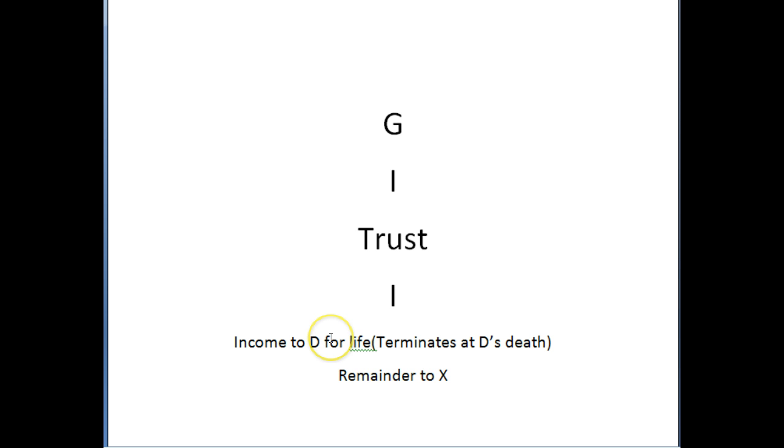A typical income interest of this nature is going to be that income for life with the remainder to X, and D's interest terminates at D's death when his life ends. And D would have no control, basically, over any of the assets at death. So there would be no property interest in this situation to worry about.